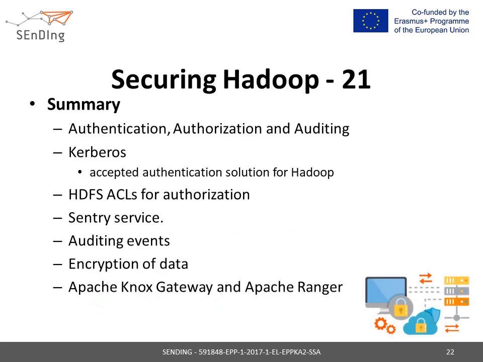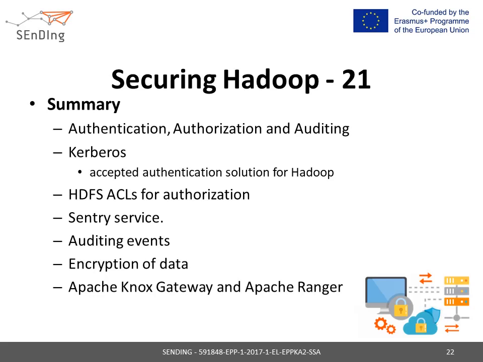This is a summary of what we have discussed in this learning unit. In order to secure your Hadoop environment, you must take care of authentication, authorization, and auditing. Kerberos is the accepted authentication solution for Hadoop. While you can use HDFS access control lists for authorization, in order to set up a policy-based authorization system, you must use something like the Sentry service.